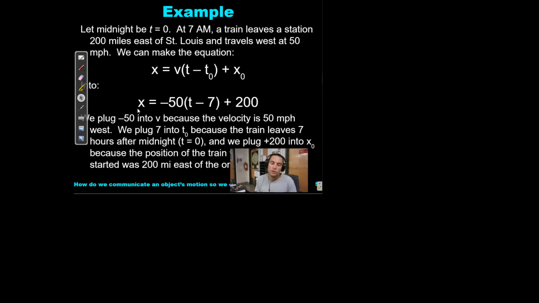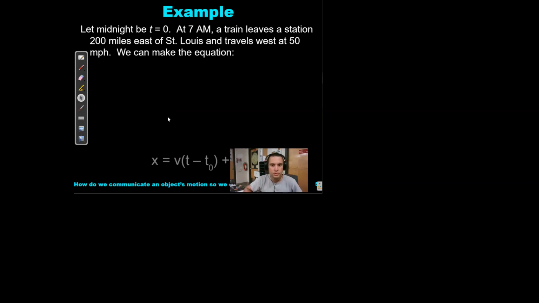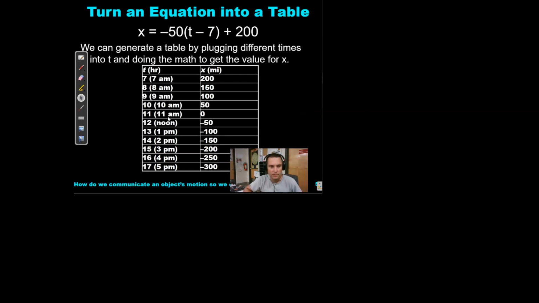Okay, so be careful of that. And I think if we actually had the rest of the question here, some more context, it'd be a little bit easier. We can then take a table and plug in the different times, if we wanted to, to get the values for x.